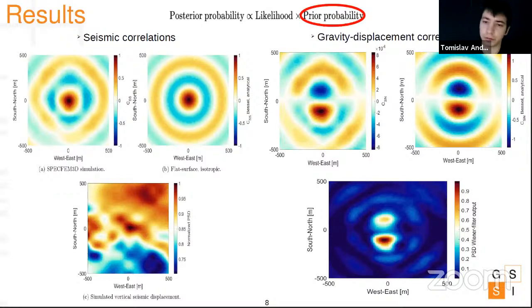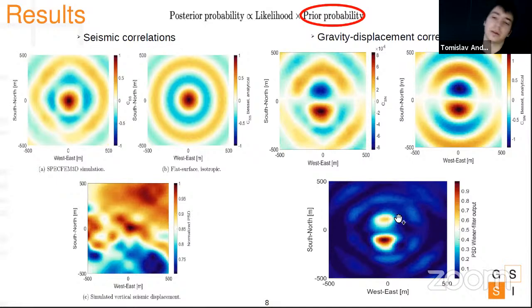So as the final result of our research, by this point, we wanted to see where we should place one single seismometer to have the best reduction of Newtonian noise, and this is just the Wiener power spectral density of the Wiener filter output. Of course, in the future we will need tens of seismometers per one test mass, and the task of optimal positions of those seismometers will be much more difficult.